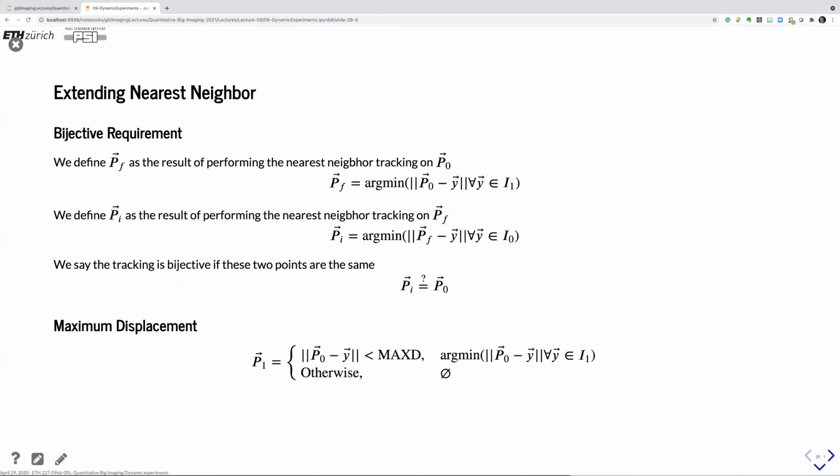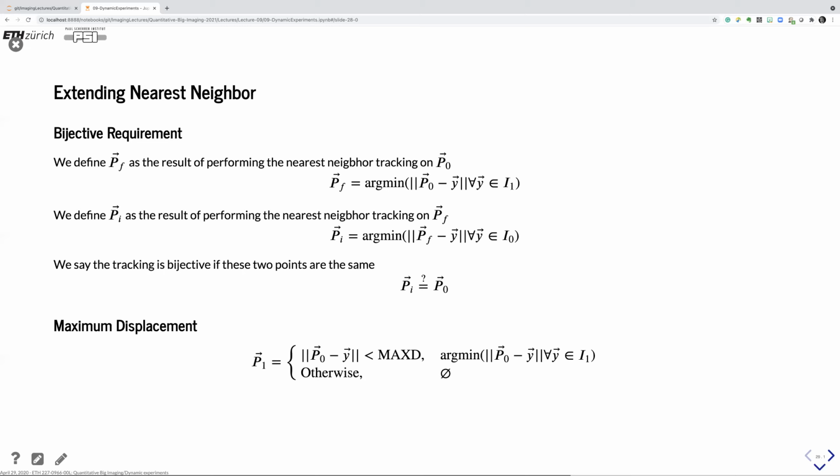Now, there was a little discussion in the chat before the break about how you can improve the tracking. There are a couple of things we can do. One is called the bijective requirement. In principle, you track and find an object from one frame to the other.